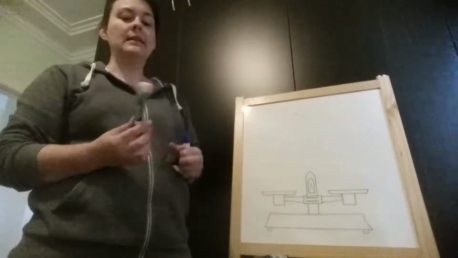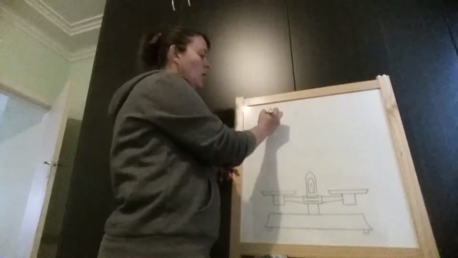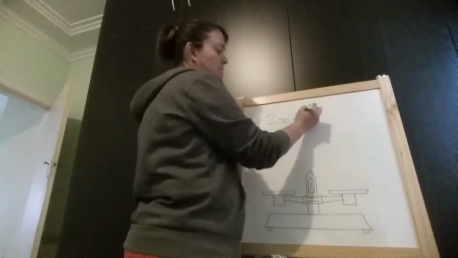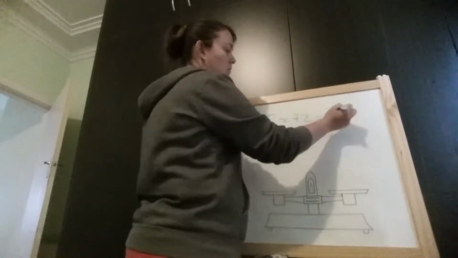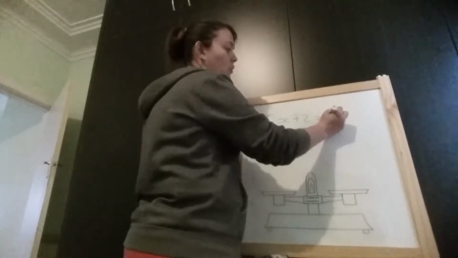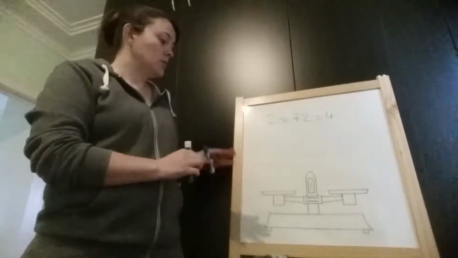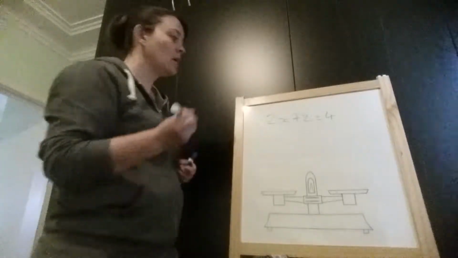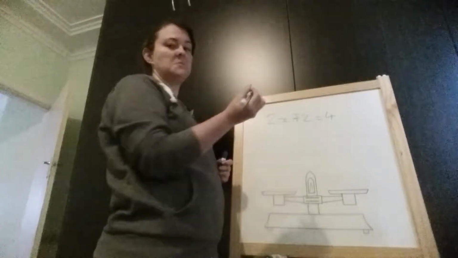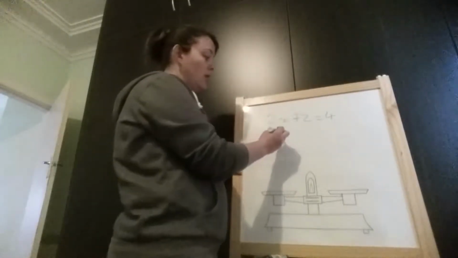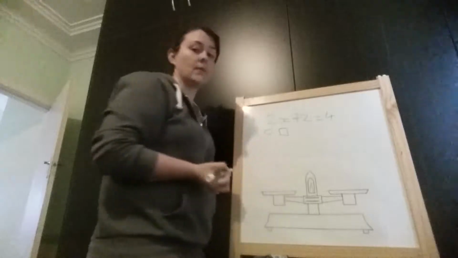So if we consider the equation 2x plus 2 equals 4, and we look at it in terms of our scales, let's say our numbers just equal our circle and our unknowns are a square.